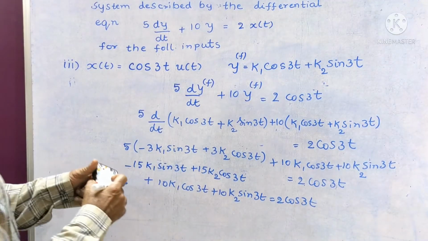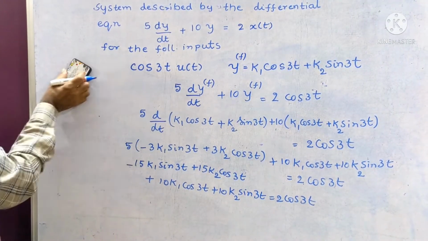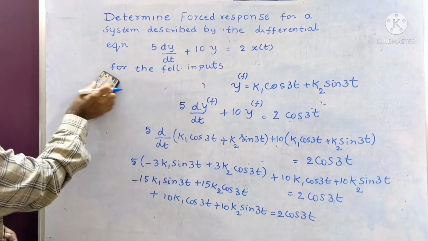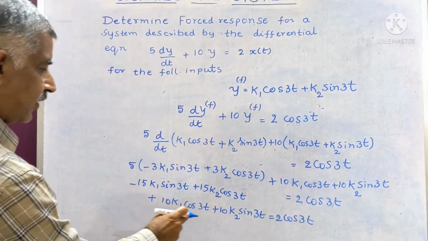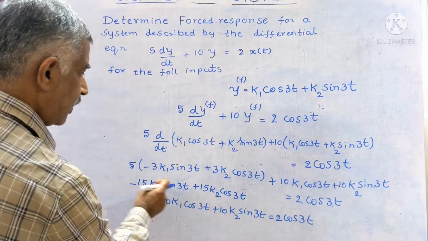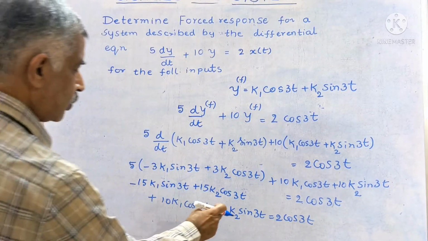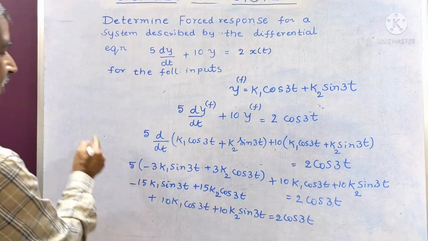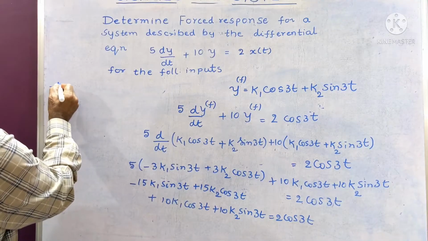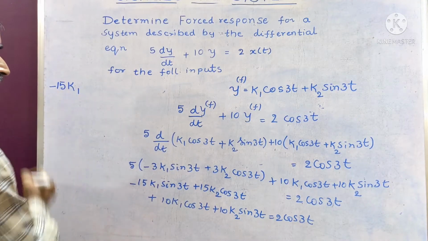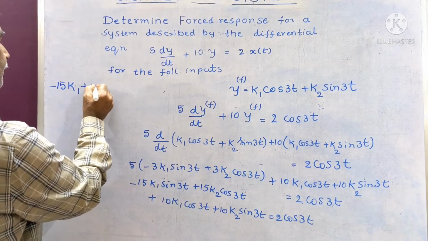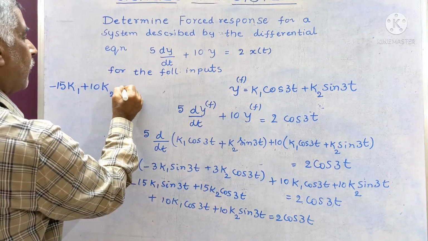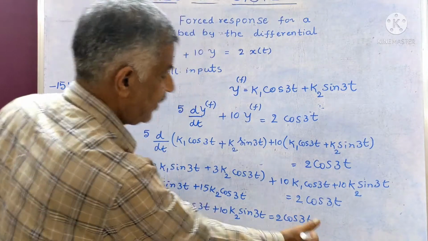Now first I will compare the coefficient of sine. Here there are two sine terms: minus 15k1 plus 10k2, equal to 0, as there are no sine terms on this side.